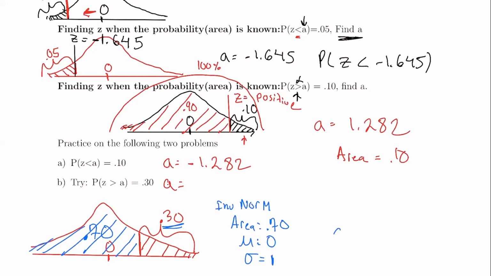And you should get that A is equal to 0.5244. And that's it for that last problem. Any questions in regard to the last problem? All right, so let's scroll on down.